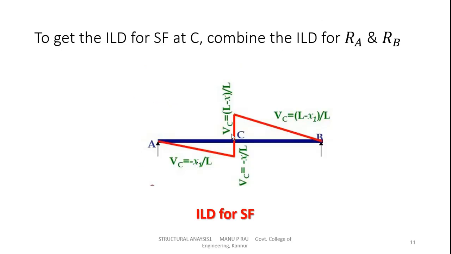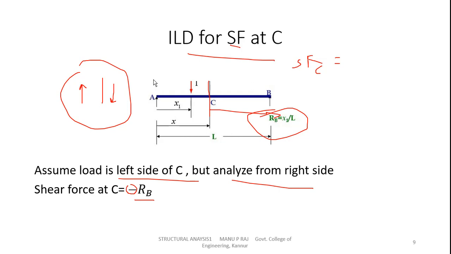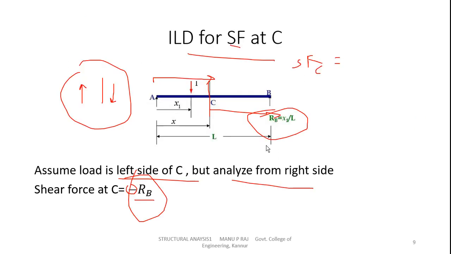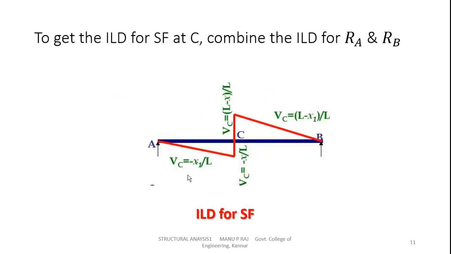For the first case, the load is acting on the left side of C. We'll draw RB, this is the RB diagram. This is a negative value, so we are drawing below this axis.